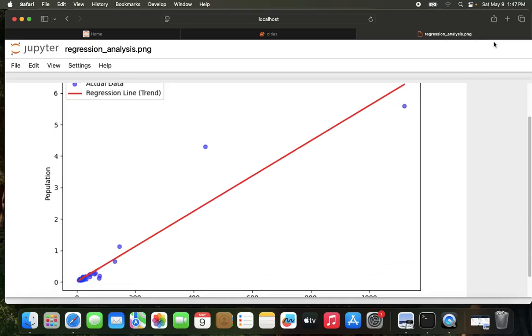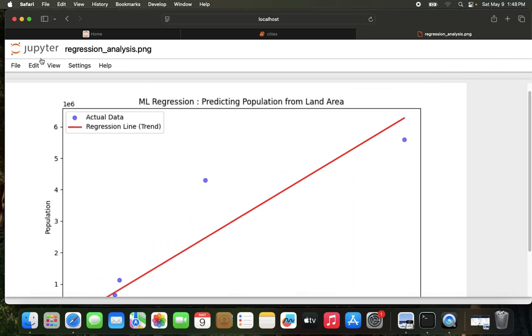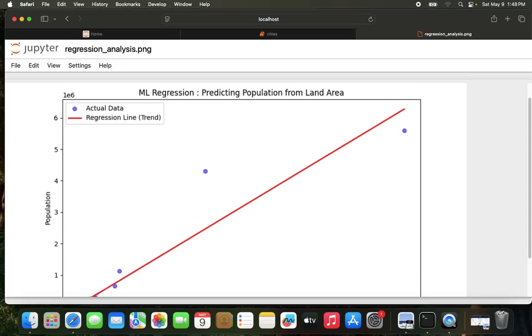Now this red line is the trend, and then this is our actual data. You see what we're getting here in our plot.